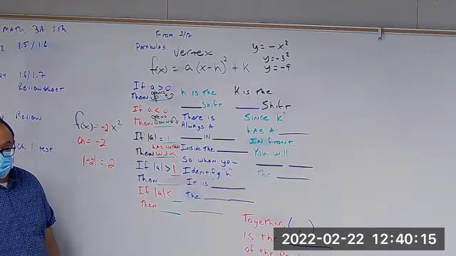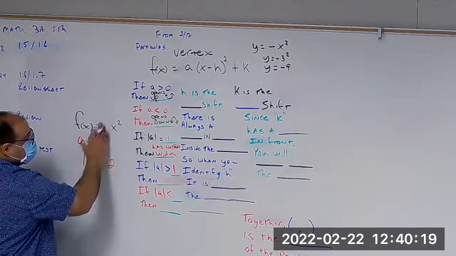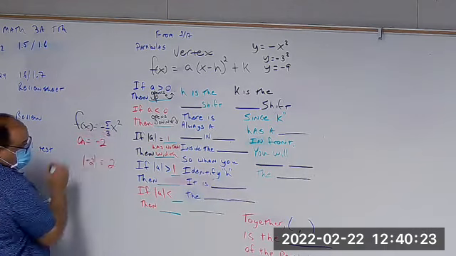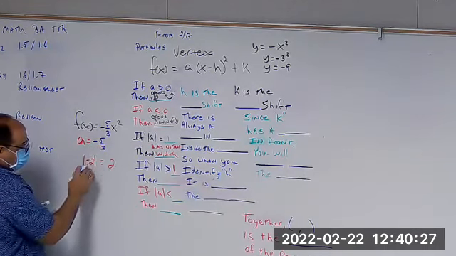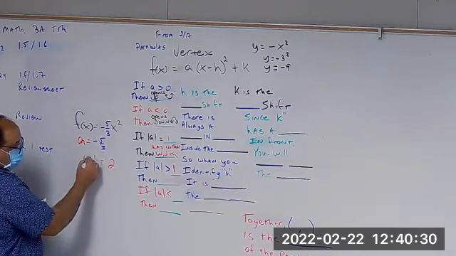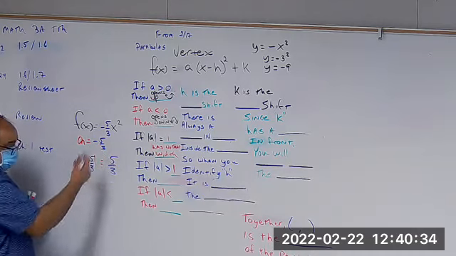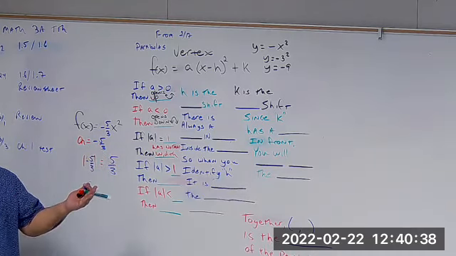Remember, fractions can be bigger than 1. If this was -5/3. So a is a -5/3, absolute value of -5/3, +5/3. 5/3 is 1 2/3. 1 2/3 bigger than 1.